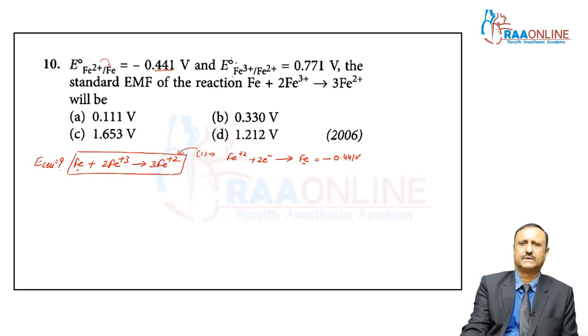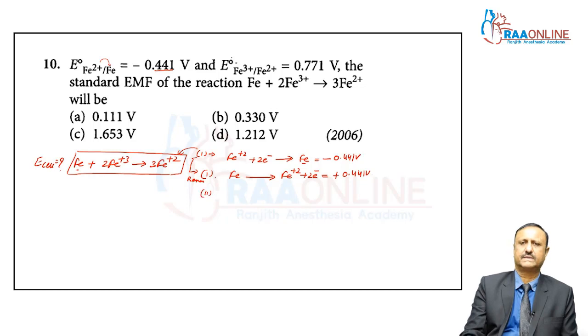In the second reaction this Fe is not present. So first of all you reverse this reaction, and you get Fe to give Fe2+ plus 2 electrons, and the sign is reversed, plus 0.441 volt.